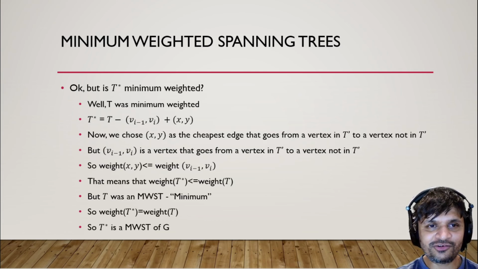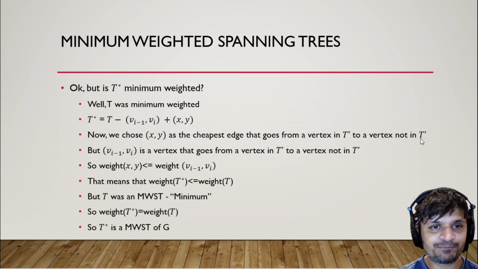Okay, so it's a tree, but is it minimum weighted? Well, we know that T was minimum weighted. Now T star we defined as being T, where we removed v_{i-1}v_i and added xy. Now, remember how we chose xy. We said xy was the cheapest edge going from a vertex in T prime to a vertex not in T prime.